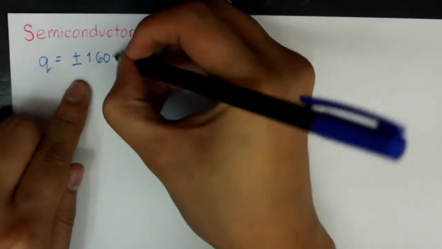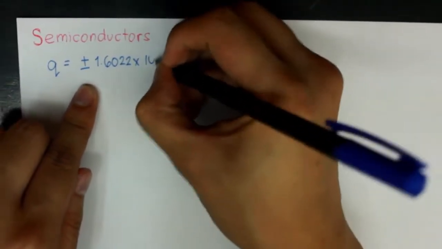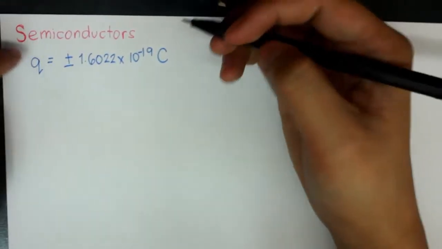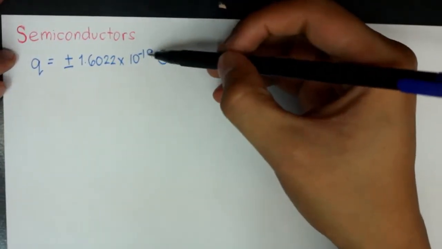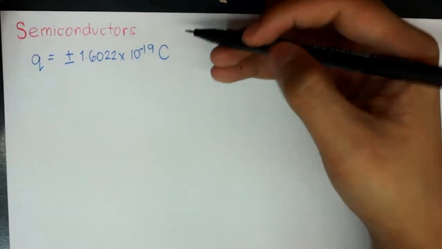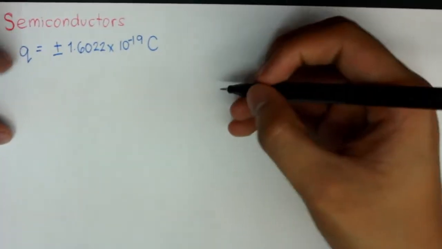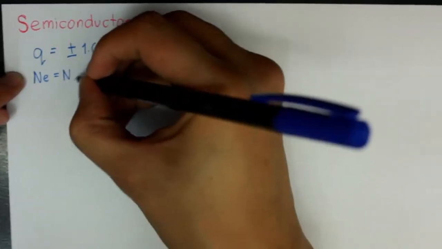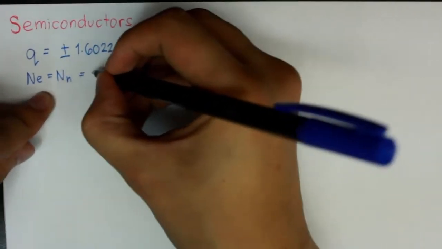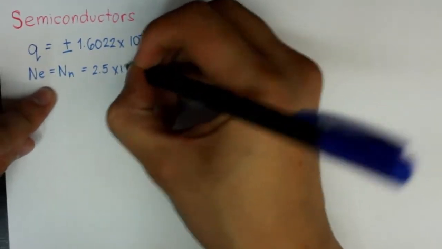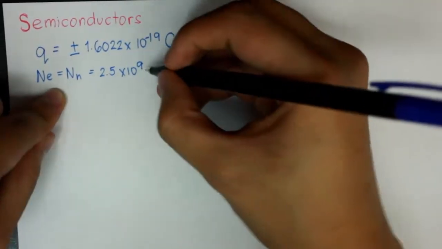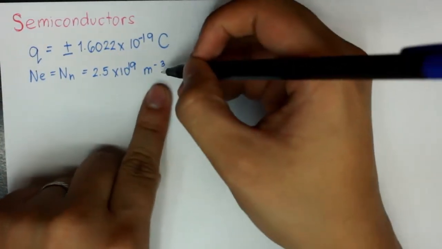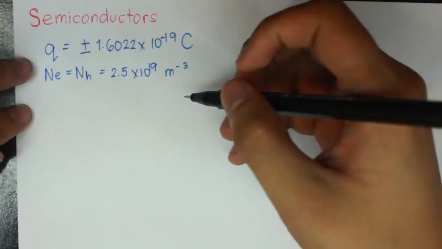So 1.6022 times 10 to the negative 19 coulombs. Advanced calculators provide a constant for that unit of charge. And we're given that the concentration, for both electrons and holes, is 2.5 times 10 to the 19 per meter cube.